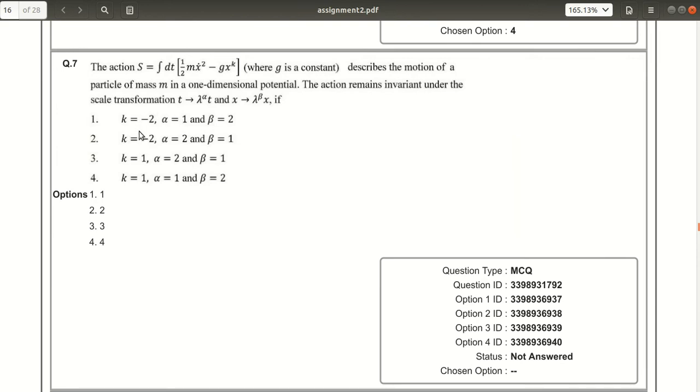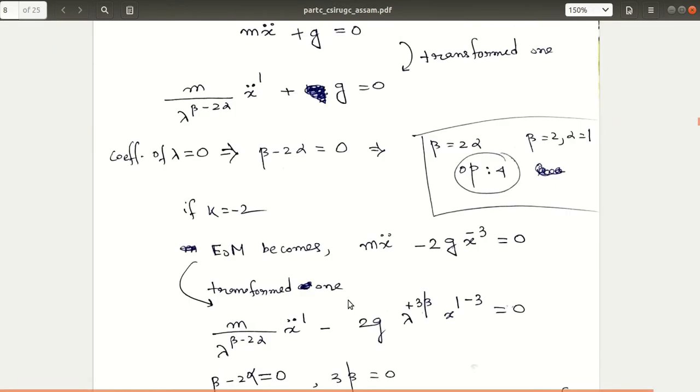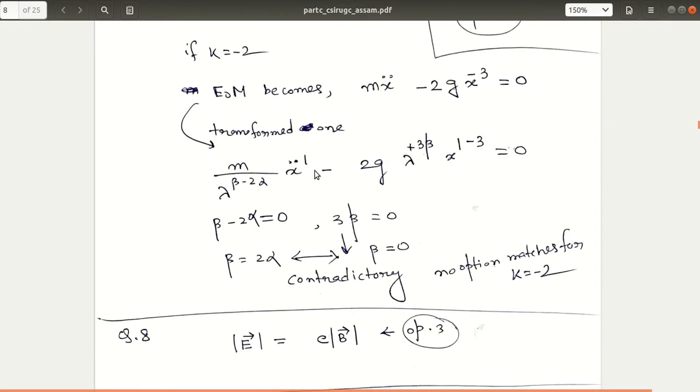But we need to check for k equal to minus 2, because for minus 2 this is also satisfying. So for minus 2 the equation of motion will look like m x double dot minus 2g x to the power minus 3, and for the transformed one it will look like m lambda to the power beta minus 2 alpha x double dot prime minus 2g lambda to the power 3 beta x prime to the power minus 3 equal to 0.